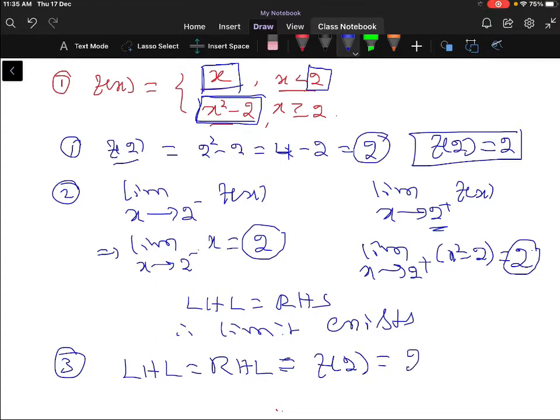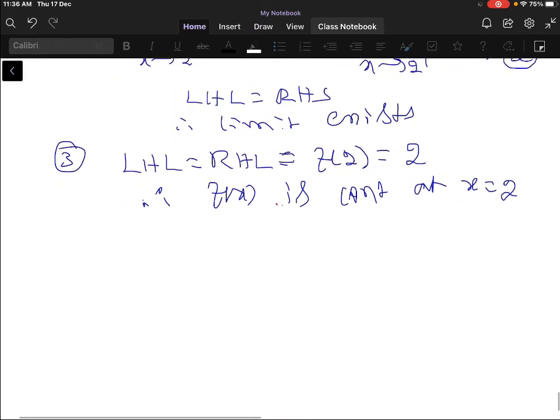Therefore we can conclude that f of x is continuous at x is equal to 2. So by using the limit concept, one can find out whether the function is continuous or not. So let us consider another example.